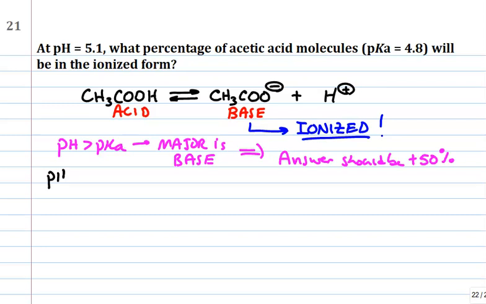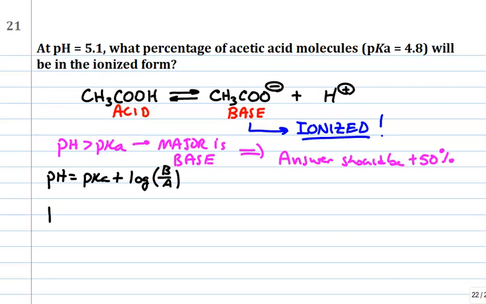Hopefully it's greater than 50%, or we're going to have to rethink some things. So let's just start out with our equation. We need the ratio of B over A. Can we get the percentage of the molecules in the base form and the percentage in the acid form? Well, sure we can.